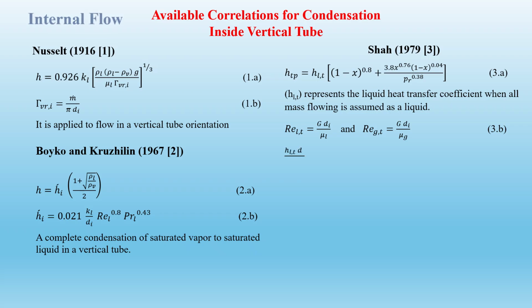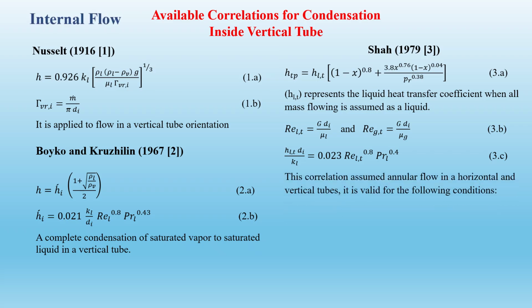the tube. We have the definition of Nusselt number, which is 0.023 Reynolds to the power 0.8, Prandtl to the power 0.4, as shown in equation 3c.